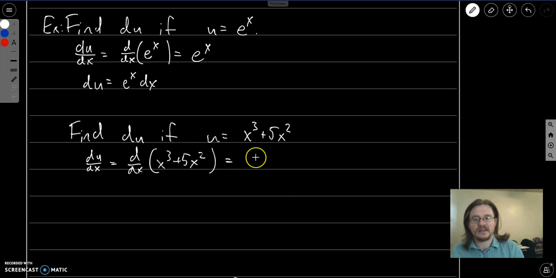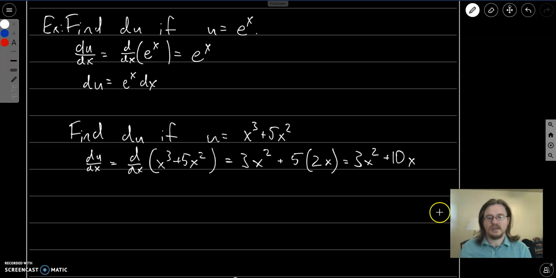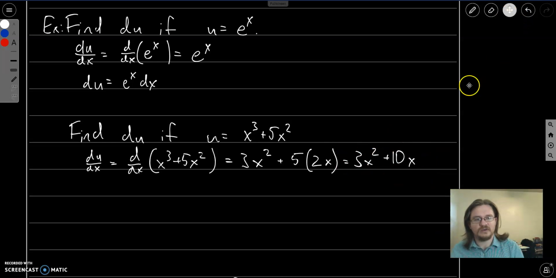So the derivative of x cubed is going to be 3x squared. Bring down the 3, raise it to the 1 less power. Plus, this will be 5 times the derivative of x squared, which is going to be 2x. Again, bring down the 2, raise it to the 1 less power. And we can simplify this to be 10x. Cool, so this is our derivative.